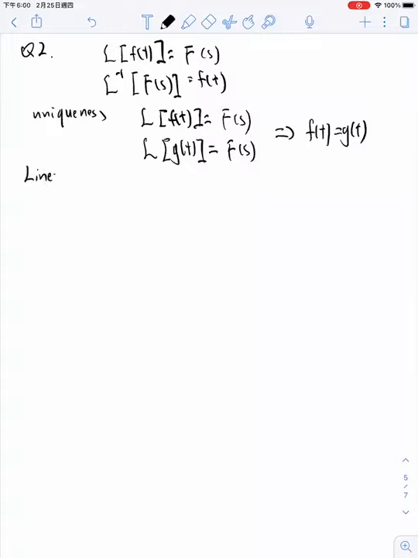And the linearity is this, where a and b are any non-zero constants, and f and g are any two functions.